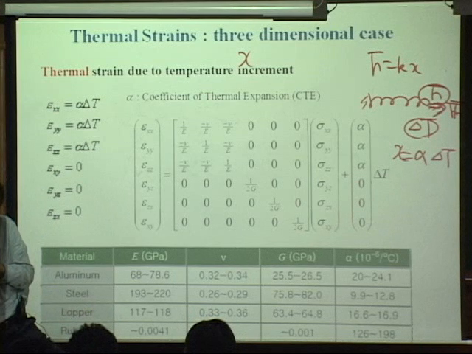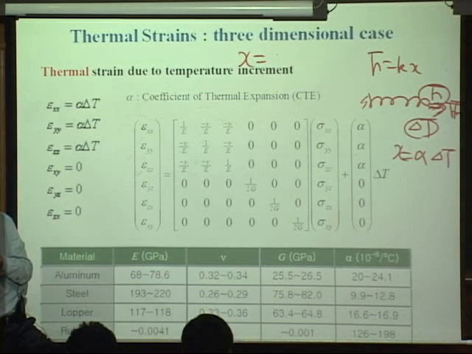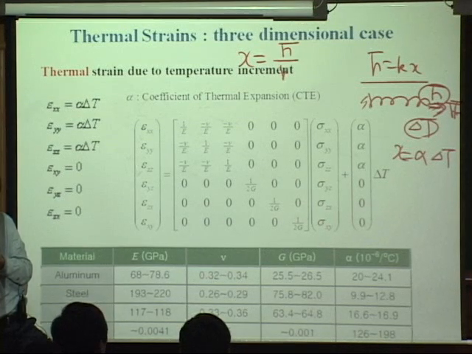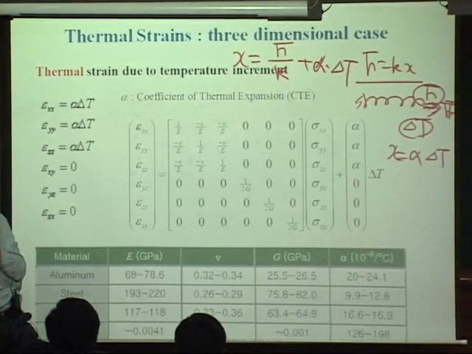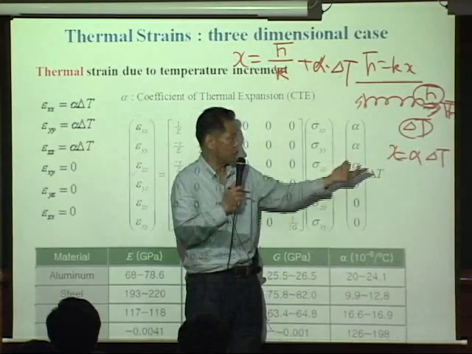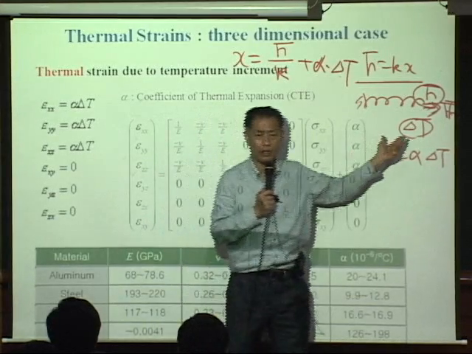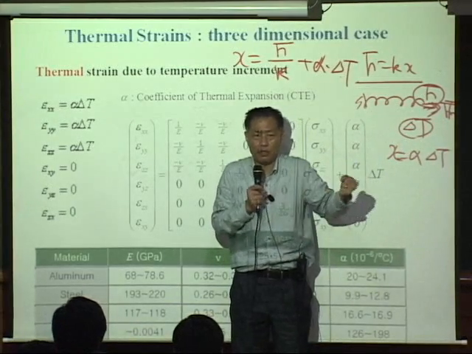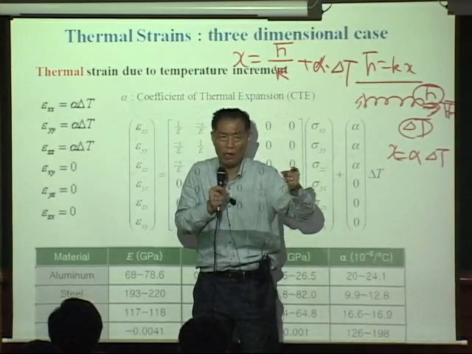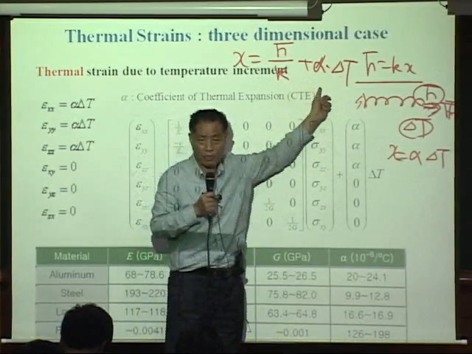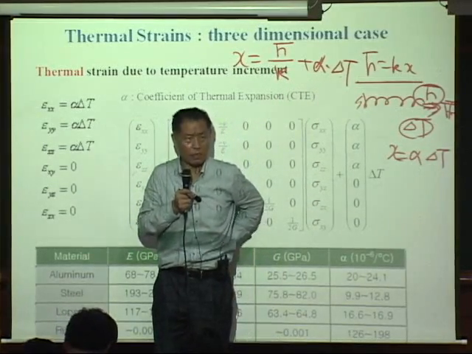Then the deformation is the deformation due to force, which is F divided by K, plus alpha delta T. That's the deformation we will have in a spring subject to a delta T and a force at the same time. We increase the temperature and apply load at the same time. So the deformation is always F divided by K plus alpha delta T. Remember this equation.